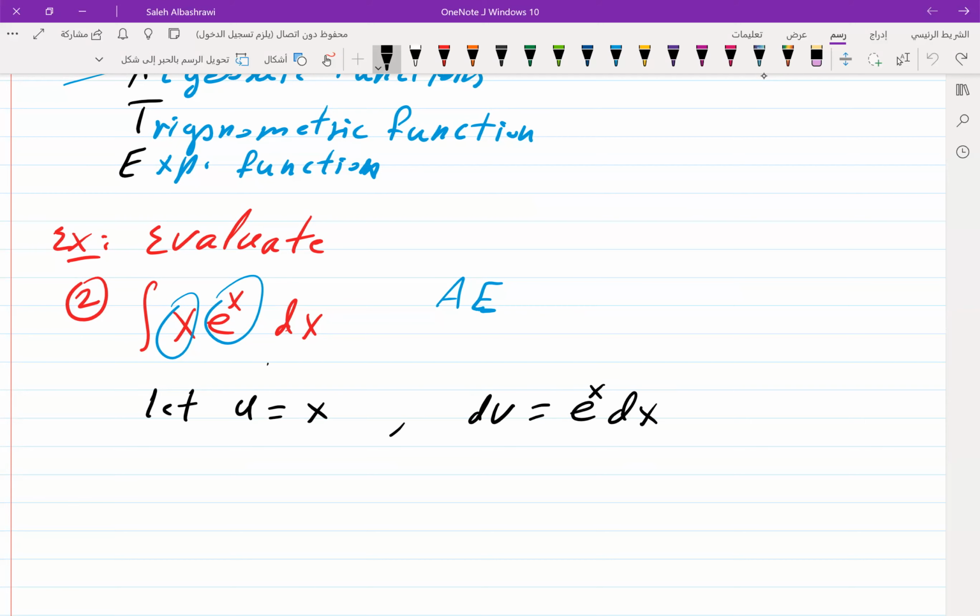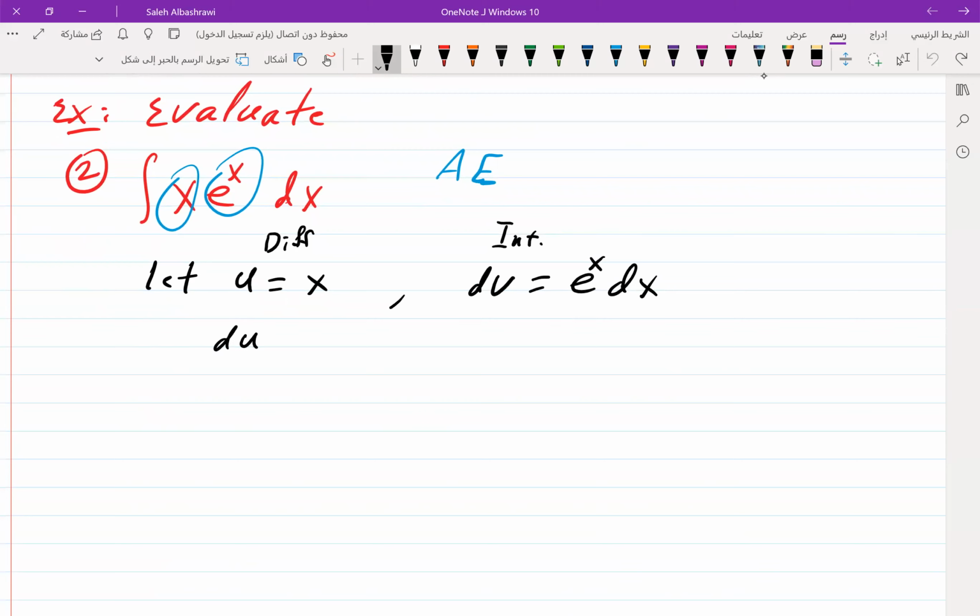Now, as we did before, differentiate the first one and integrate the second one. So du will be 1 dx. If we integrate, I will get v equal to e to the power x. So the integration of x e to the power x dx is equal to u multiplied by v minus the integration of v du.